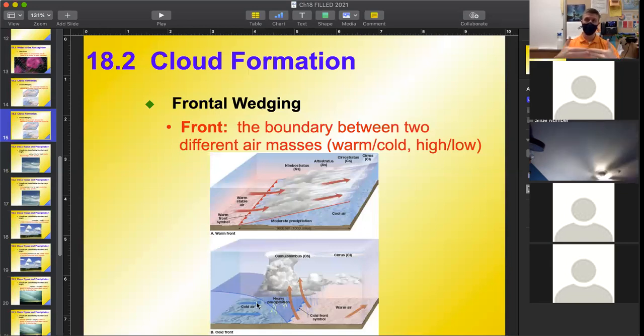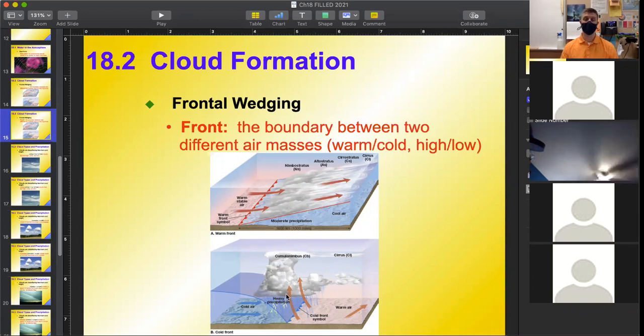It's just plowing through, and it's forcing that warm air higher up into the atmosphere. That warm air has moisture in it, and it's being forced higher up into the atmosphere where it's colder. It doesn't take long for that moisture to condense and form clouds.